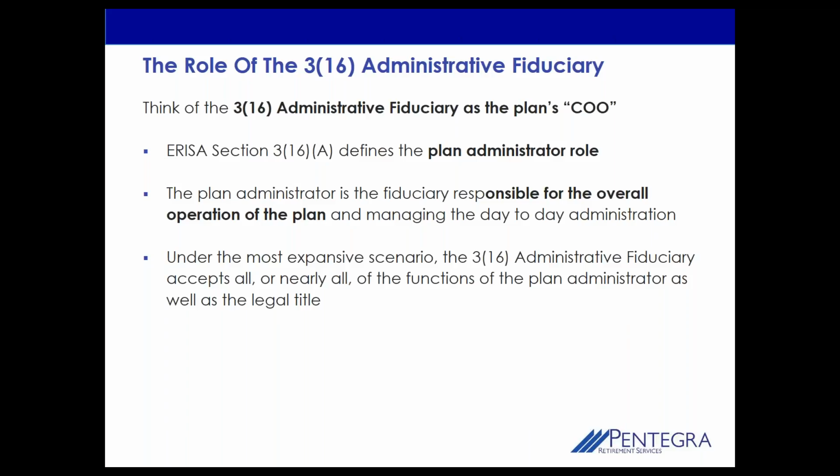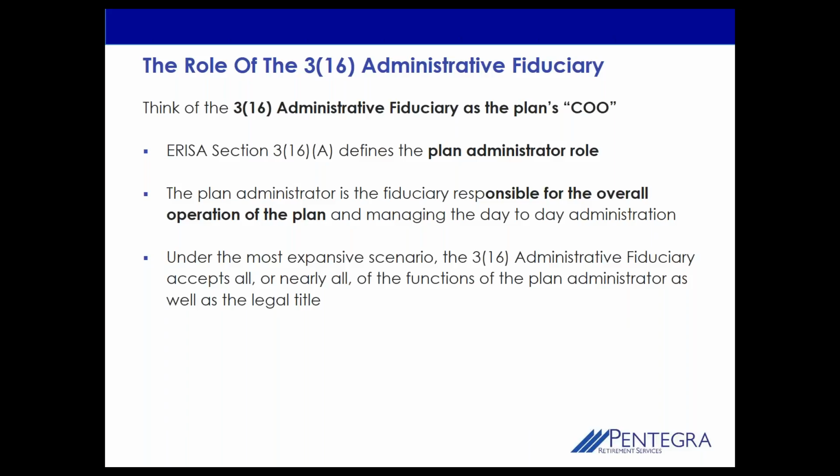So that comes down to a whole bunch of different things. It comes down to, let's say, appointing an investment advisor. It comes down to selecting a record-keeping firm. It comes down to maybe selecting a TPA to do the testing, 5500s and benefit calcs and that kind of stuff. It comes down to hiring an enrolled actuary.